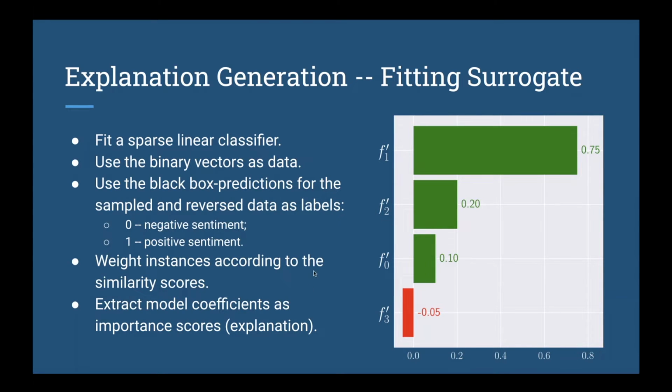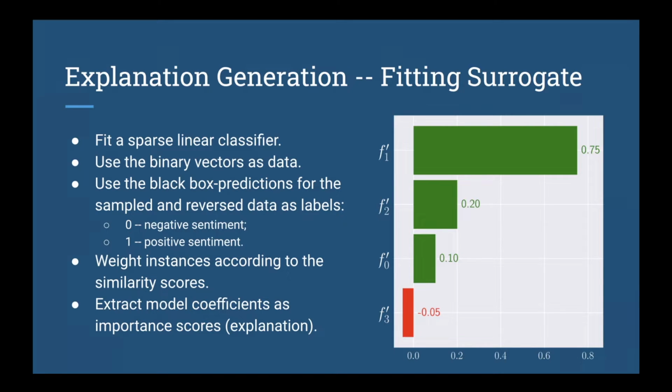So we say that, for example, if we're explaining the positive sentiment for a sentence, we assign 1 to positive prediction and 0 to a negative prediction. We train a linear model, we extract weights from the linear model, and we use these coefficients of the linear model as our explanation. So importance of each interpretable factor.